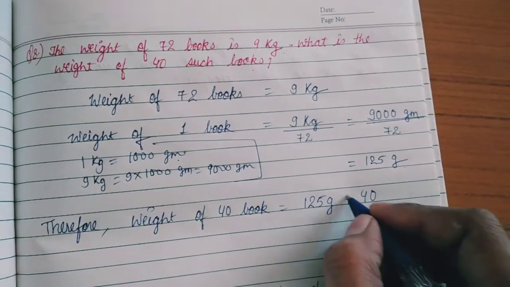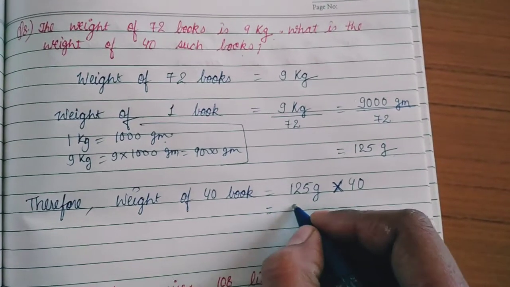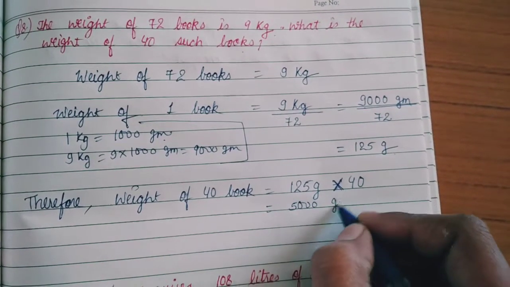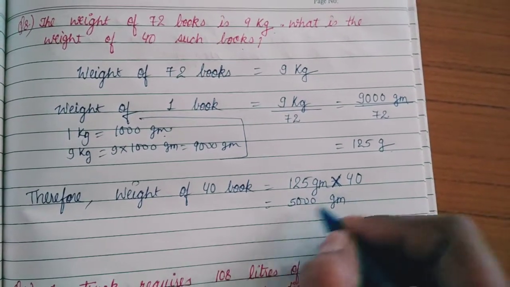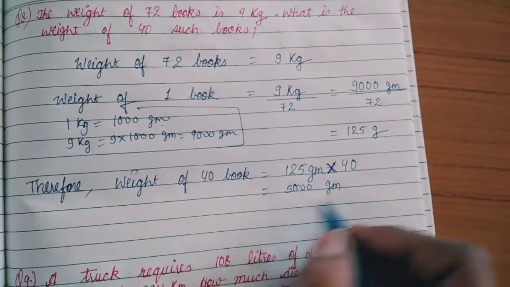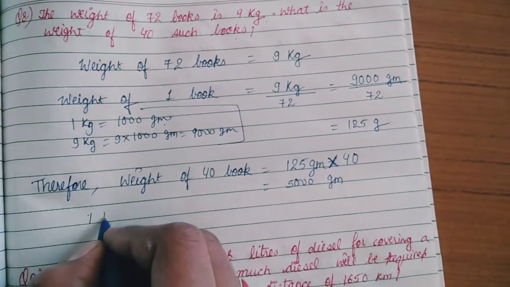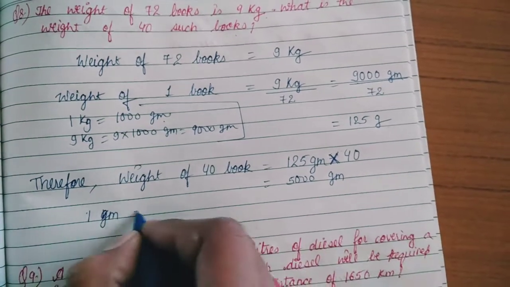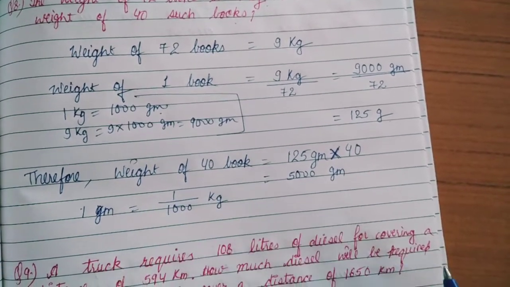Okay, when we multiply 125 by 40 we will get 5000 gram. So this 5000 gram can also be converted into kilogram, because we know 1 gram is 1 by 1000 kilogram.